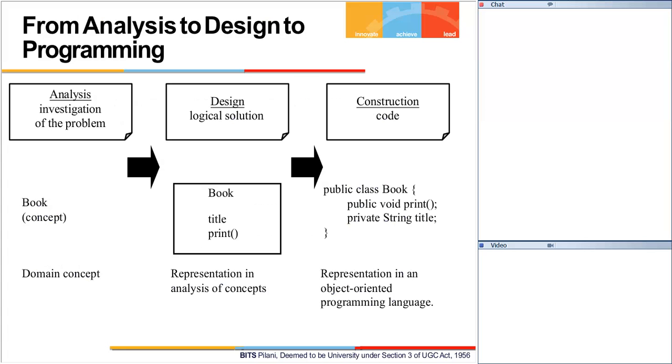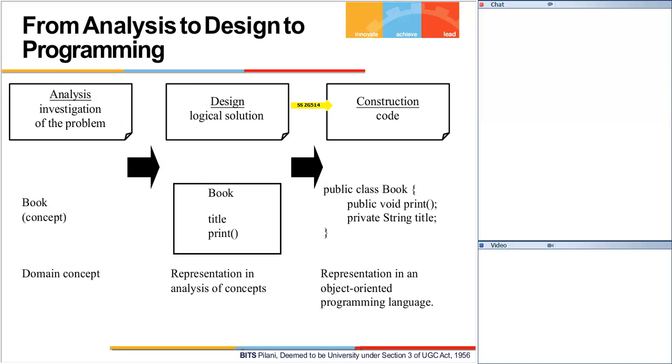So your first box is investigation of the problem, which is object-oriented analysis. The second box is the object-oriented design, which is a logical solution. And the third step is object-oriented programming, which is actually the construction of the code, right?